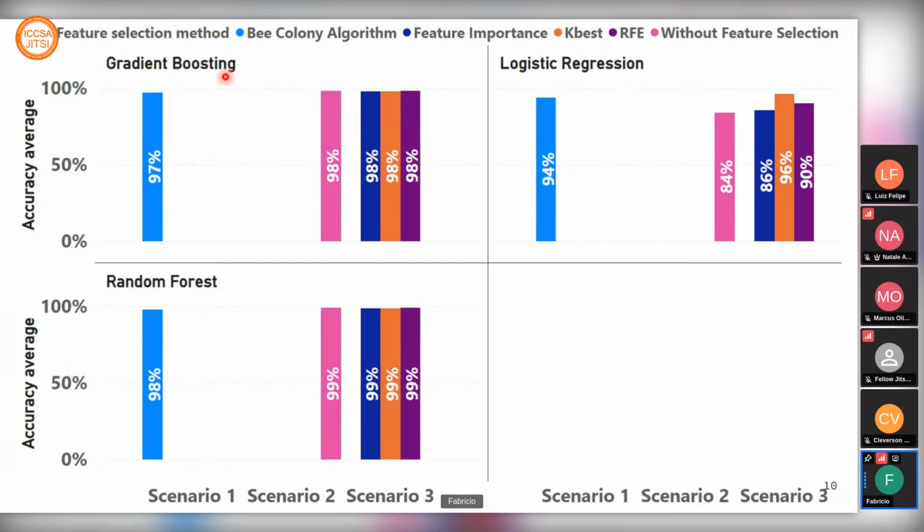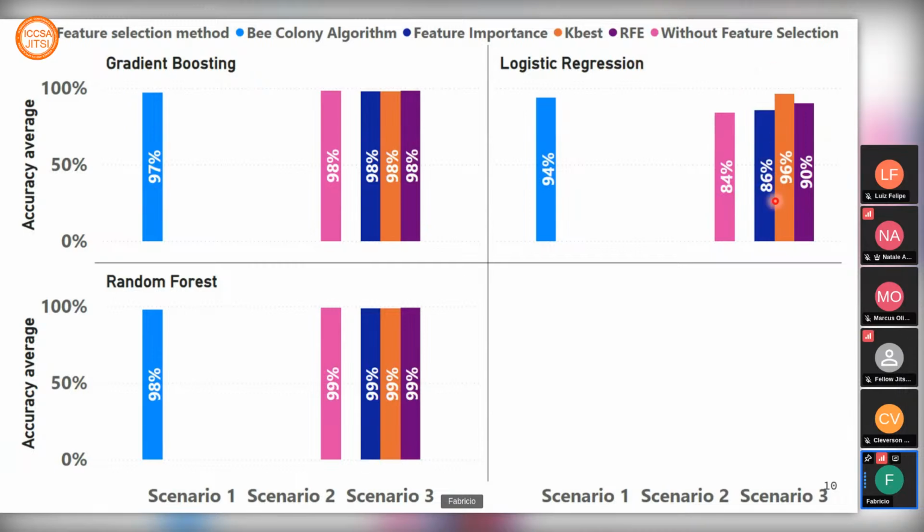This happens in gradient boosting and random forest. Logistic regression is a little different because in this case it was actually the worst classifier, but there is a lot of improvement when you use ABC as the feature selector.